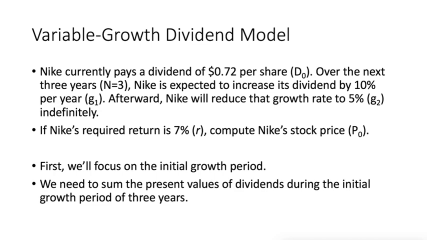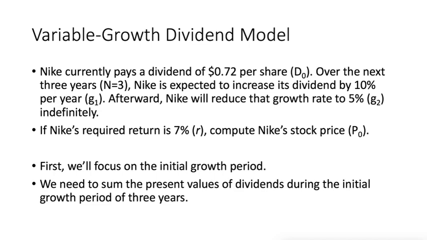Over the next 3 years, Nike is expected to increase its dividend by 10% per year, which gives us our g1. Afterwards, Nike will reduce that growth rate to 5% per year indefinitely, which gives us g2. If Nike's required return is 7%, compute Nike's stock price.